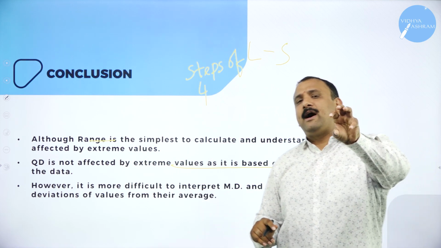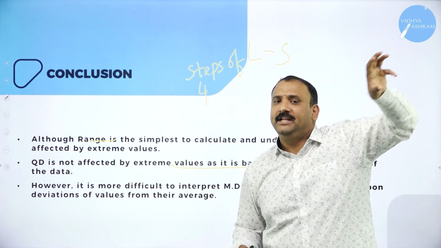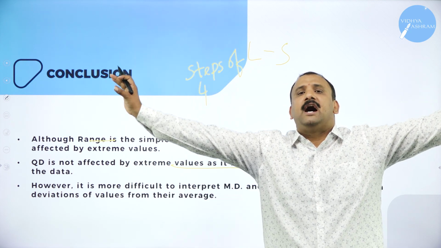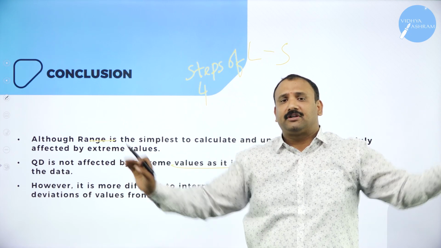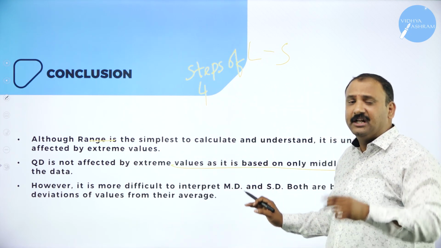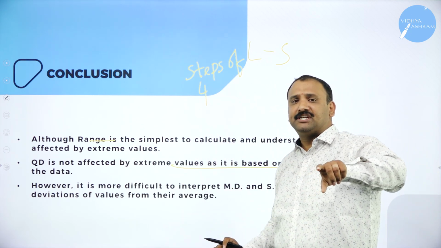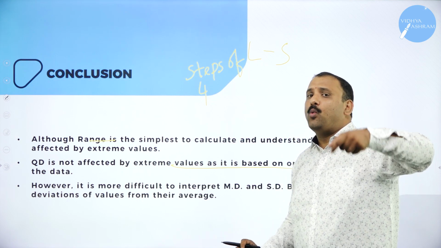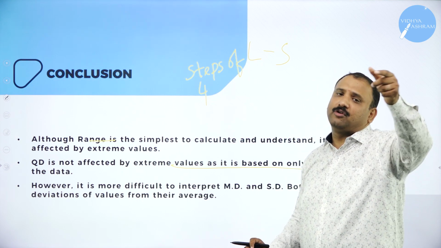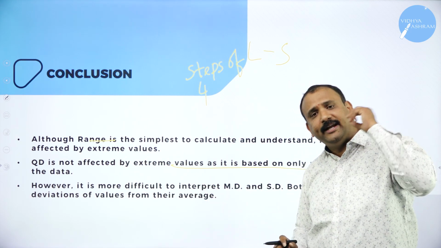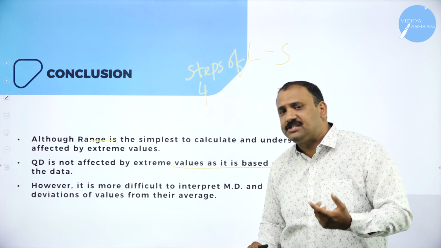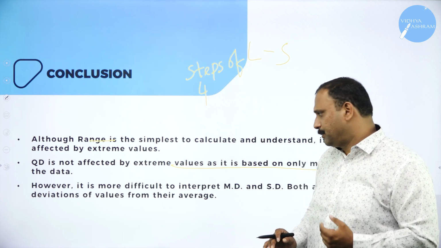The mid-range values are not affected; only the extreme range values are affected: the 25% to your left and the 25% to your right. So using the quartile deviation, we can find the deviation from the average. That statistical tool was also very interesting to understand and solve as a problem.